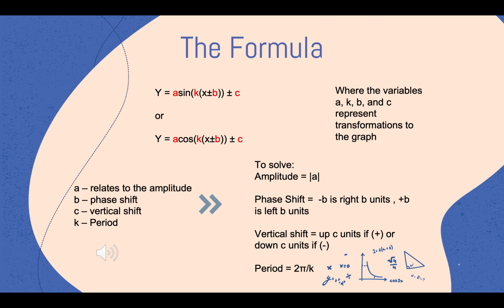And if B is positive, that is going left B units. A little counterintuitive with that one. And the vertical shift is always going to be at the end of the equation of a graph of cosine or sine. And if it's positive, that's going to be up C units. If it's negative, that's going to be down C units. And for our period, in order to find the period of a transformed function, you will do 2 pi divided by k, where k represents the period.